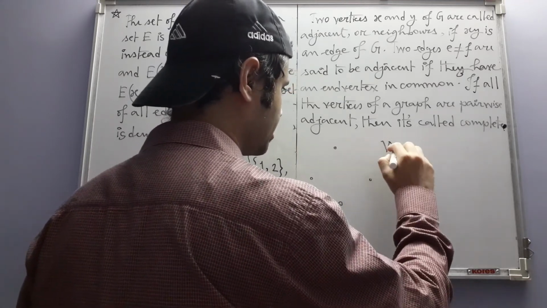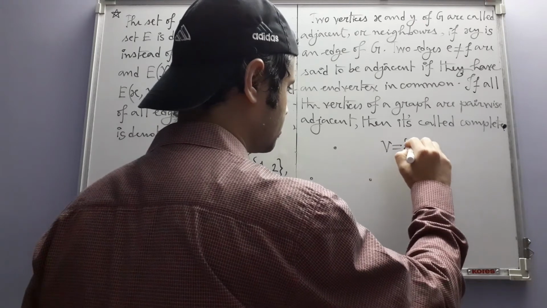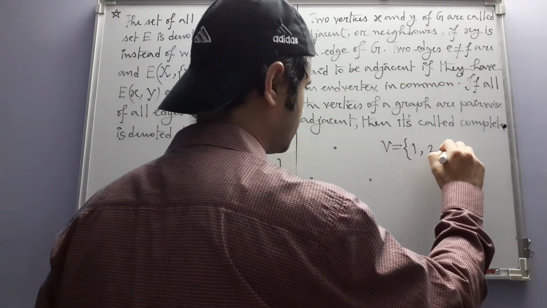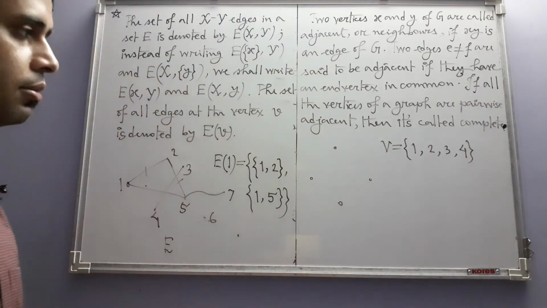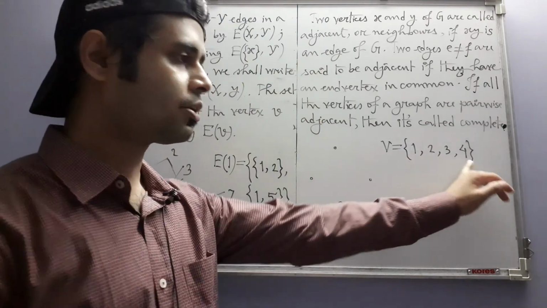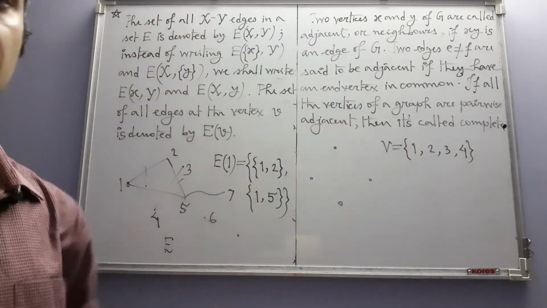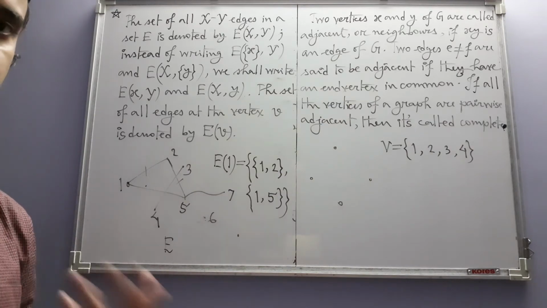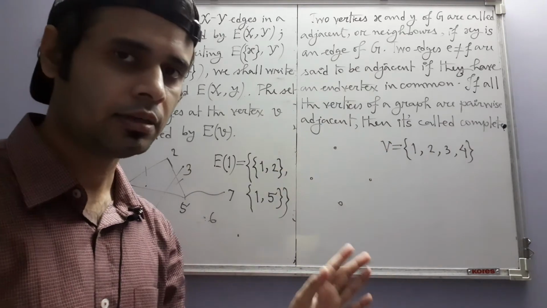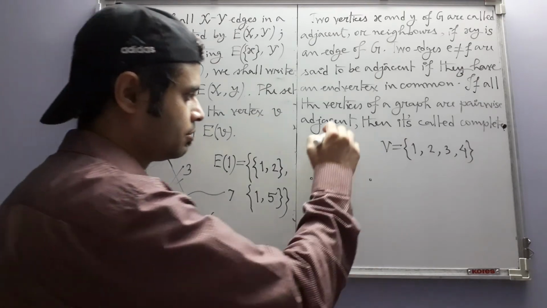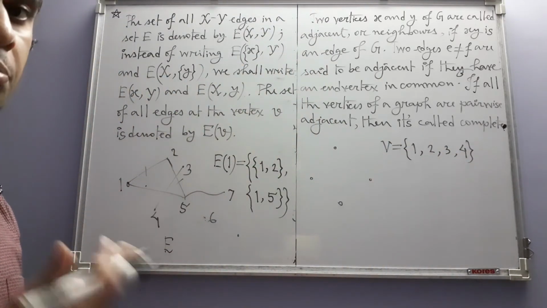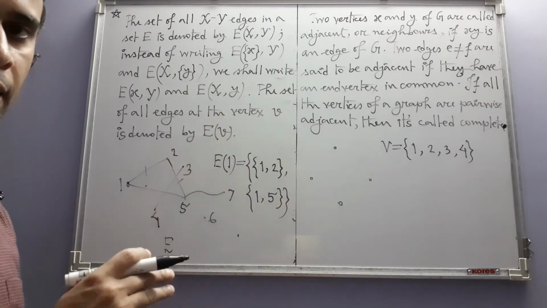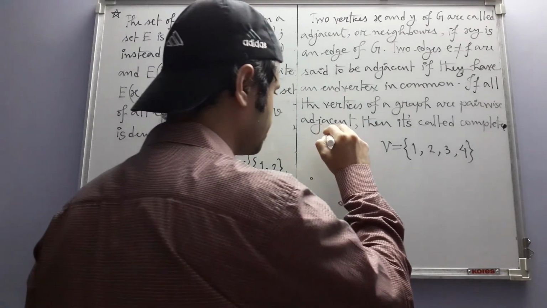Here say the vertex set is having 4 points. One more thing I should say at this point, it's not necessary to always take numbers. You can take in fact any objects, tables, chairs, anything whatsoever. We are not putting any restriction on the type of objects that we can have as its elements.